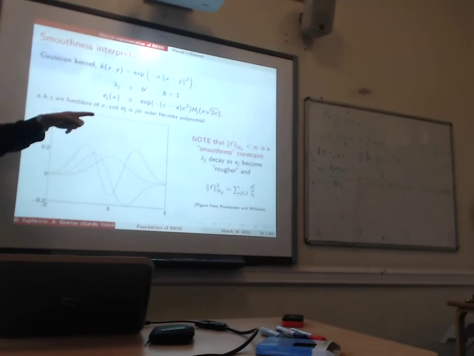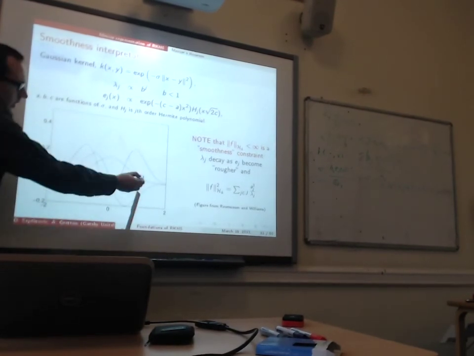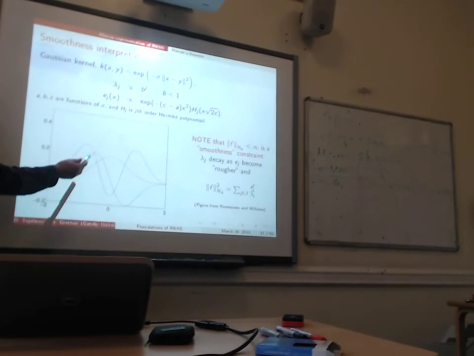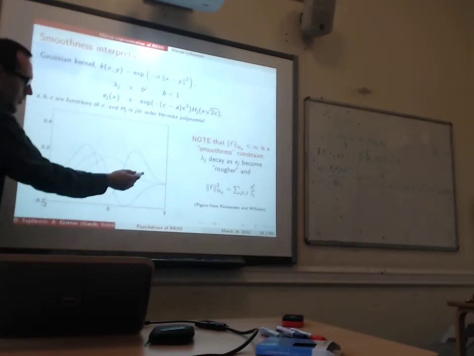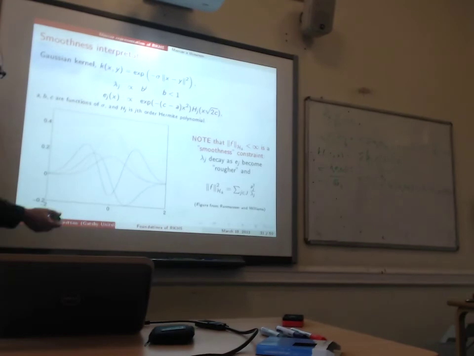So let's plot a couple of these first functions, first e_j. The first one looks like that. It has one bump. The second one has two bumps. Third one has three bumps, and so on. So they are becoming rougher as I increase the index j, right? And I also know that this lambda_j sequence decays.